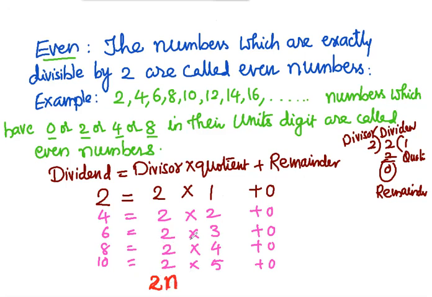This is the general form of an even number, 2n, where n is an integer.